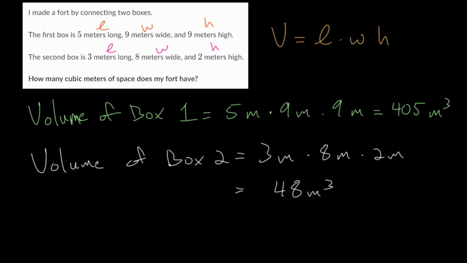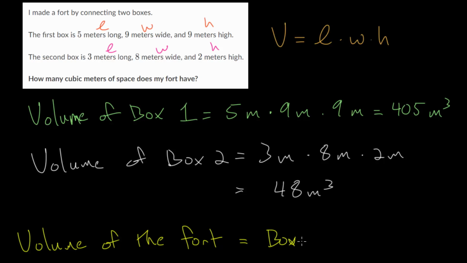And at this point, let's find the volume of the fort. Remember, we're just going to add these two together since they're connected. So that's the volume of box 1 plus the volume of box 2, which is 405 cubic meters plus 48 cubic meters.